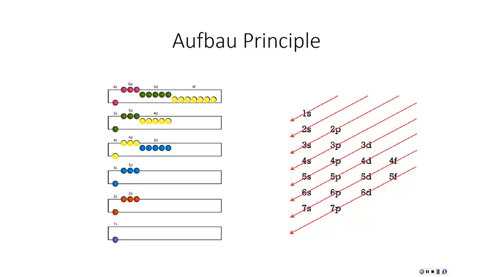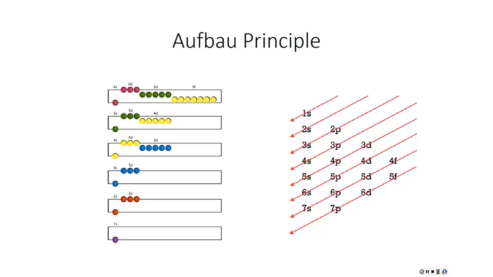Now looking at the periodic table, we can track the quantum model just like we can with the Bohr model. So 1s2 is here and here. 2s2, 1, 2.